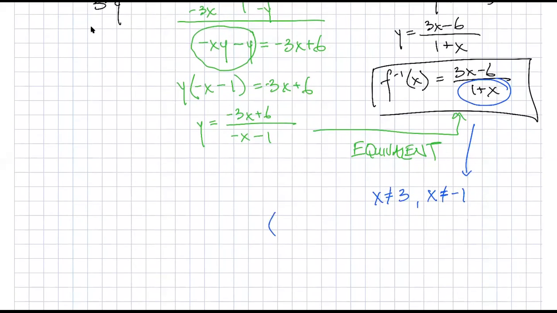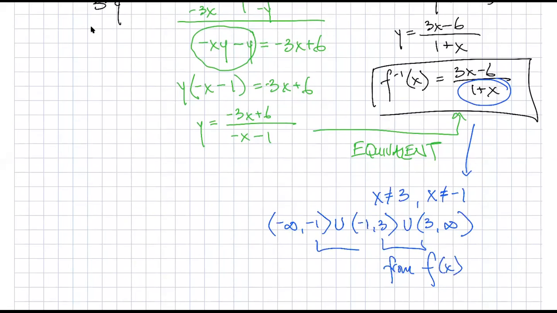So when we write it out in interval notation, we go from negative infinity to negative 1, with negative 1 to 3, with 3 to infinity. Okay, and so the 3's are from f of x, and the negative 1's are from the inverse function.